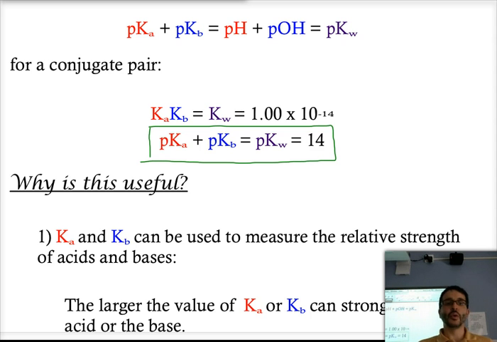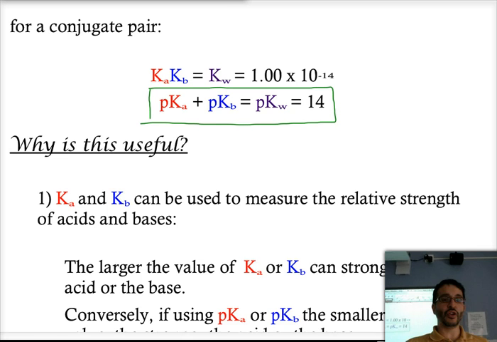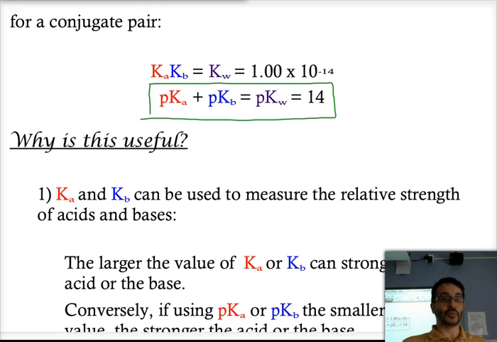All right. So having pKa and pKb for a conjugate pair will be helpful to calculate salt hydrolysis and pHs, the change of pHs due to the dissolution of a salt. All right. Now, why else could it be important? Why do we want to know about Kas and Kbs, or pKas and pKbs?